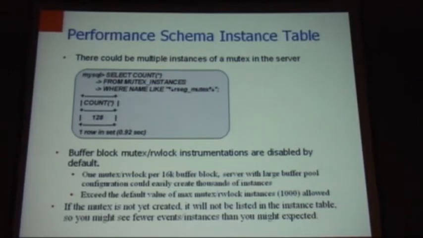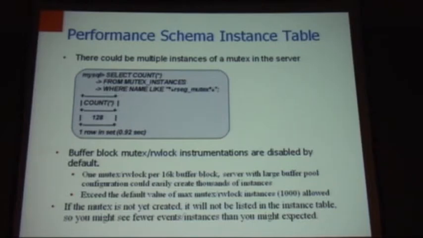For the same reason, there could be quite a few buffer block mutexes and other block locks. We have one pair for each 16K buffer, so easily for 2 gig of memory, you probably run into about 128K mutexes. If you just do a select, it gives you endless output.